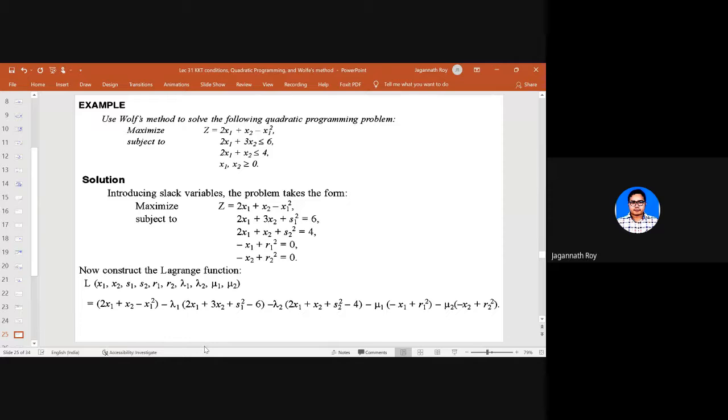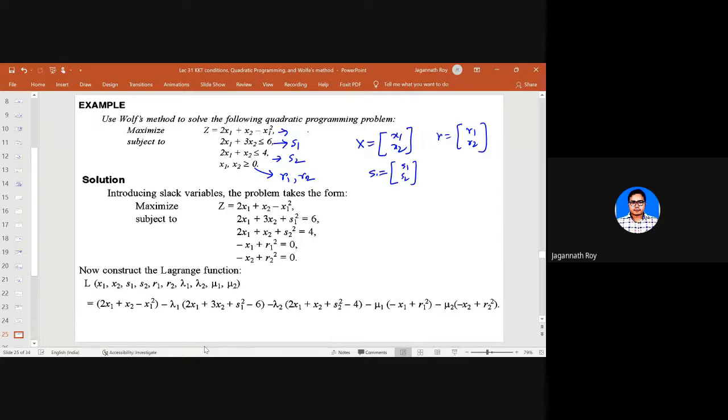So if you think about this problem, x1 and x2 are there. Then we have variables, because for this we have to introduce slack 1. For this one we have to introduce slack 2, and from there we have to introduce R1 and R2. So let us take the simple case. S equals S1, S2. R equals R1, R2.